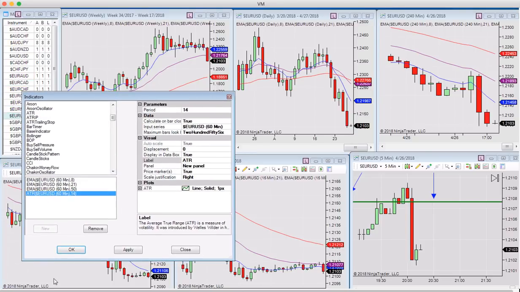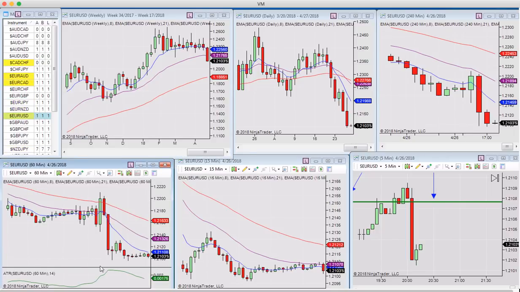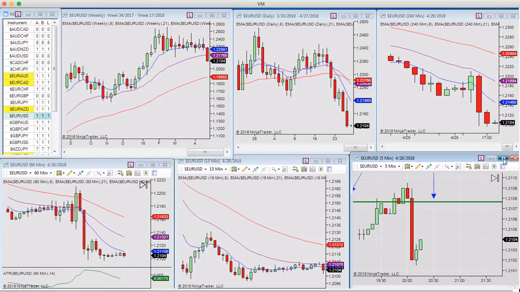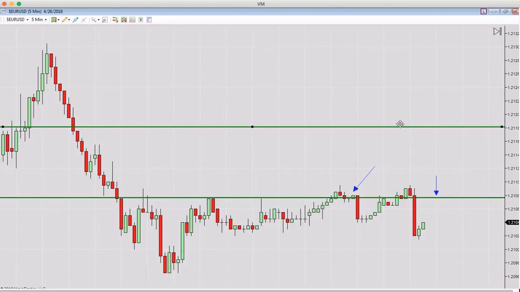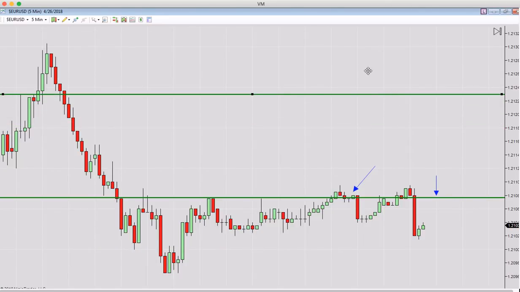It's probably going to be about 12 pips. Oh, 17.5 pips. So I'm wrong. An ideal stop distance is probably going to be a lot higher than that, up to about there or so.